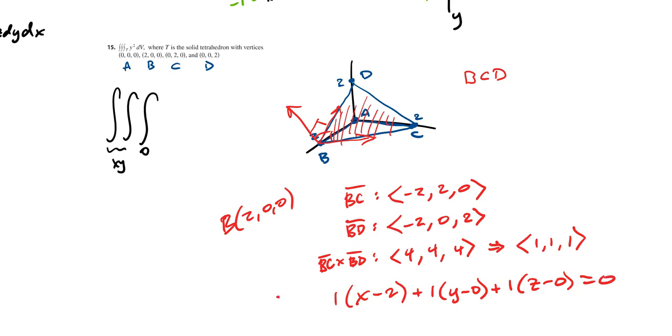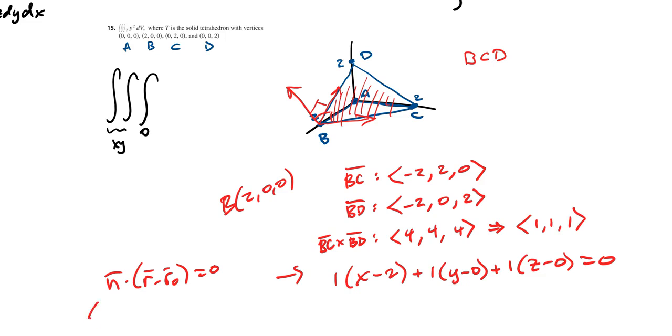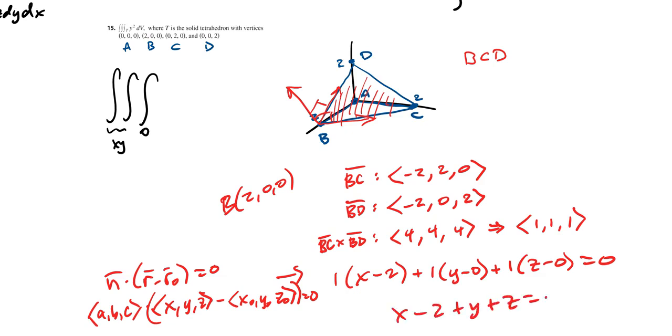This is n dotted with r minus r naught equals 0, where n is the vector a, b, c. In this case it's 1, 1, 1 dotted with r, which is x, y, z, minus r naught, a point on the plane itself, x naught, y naught, z naught, equals 0. All right, so this is what I'm using. So I got x minus 2 plus y plus z equals 0.